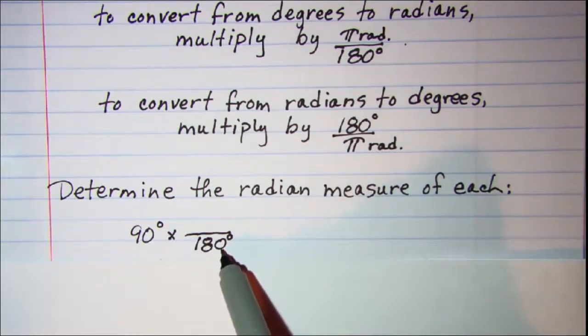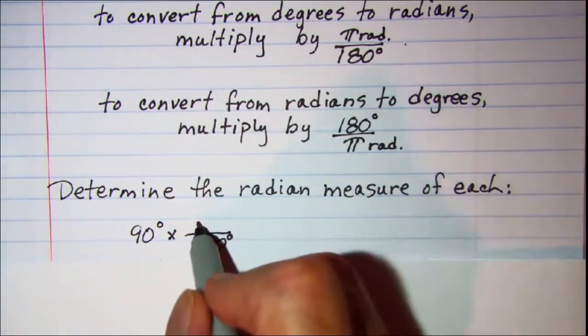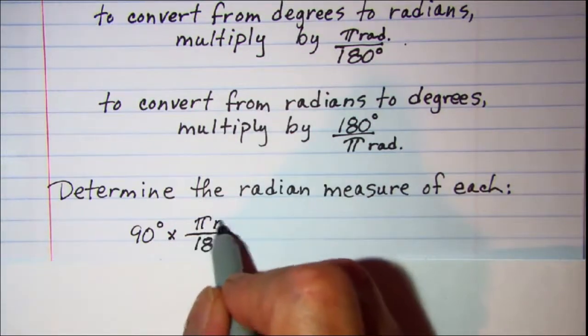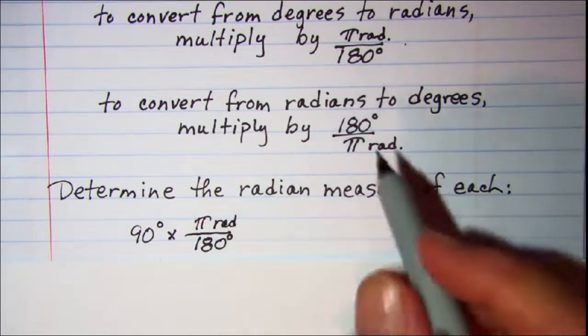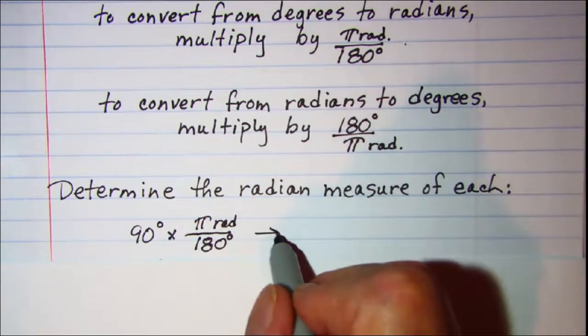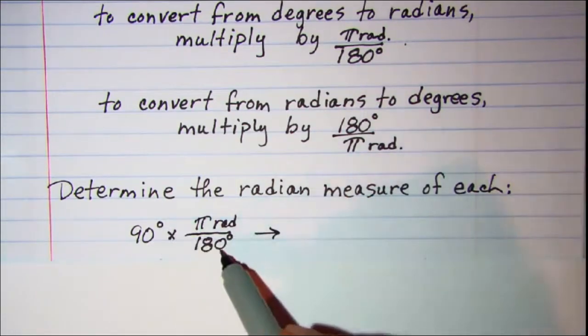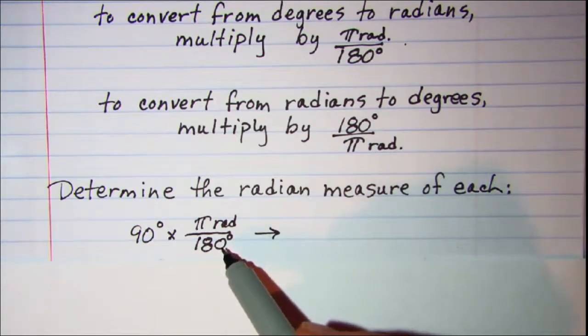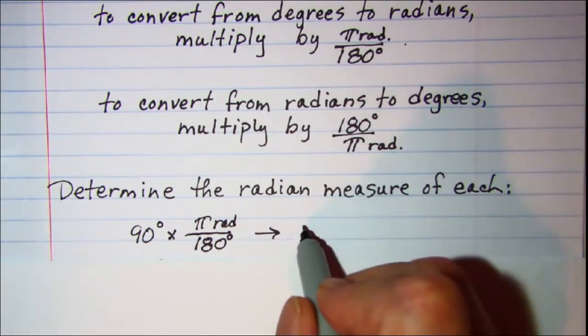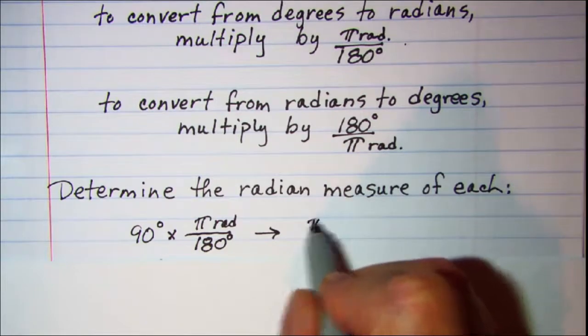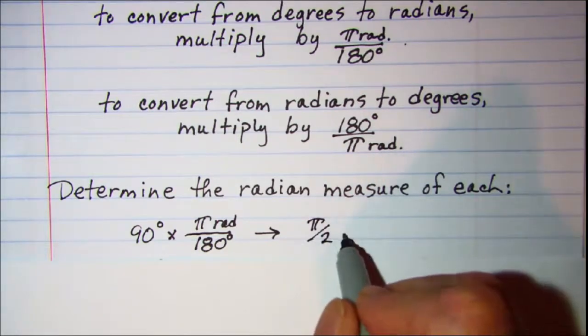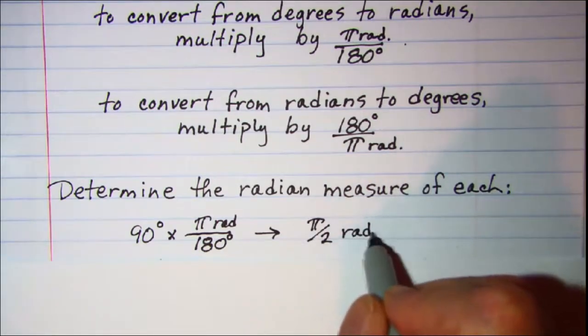And we know 180 degrees is the same as pi radians. So what we have then is 90 over 180, which is 1/2. So this converts to pi over 2 radians.